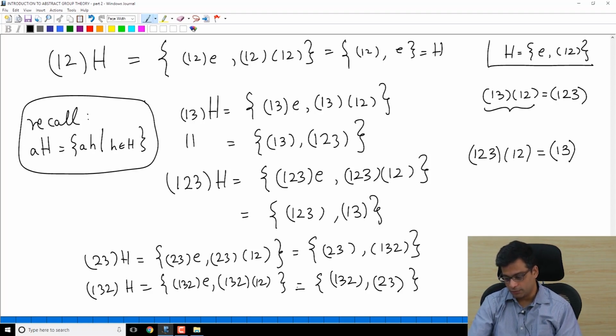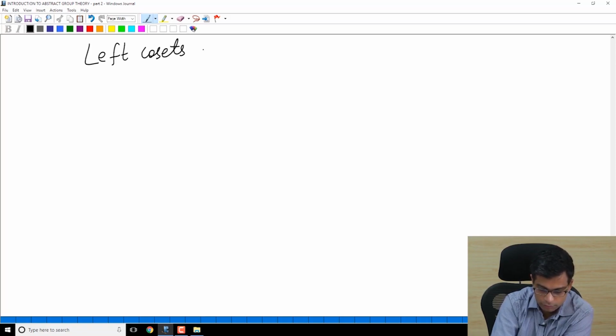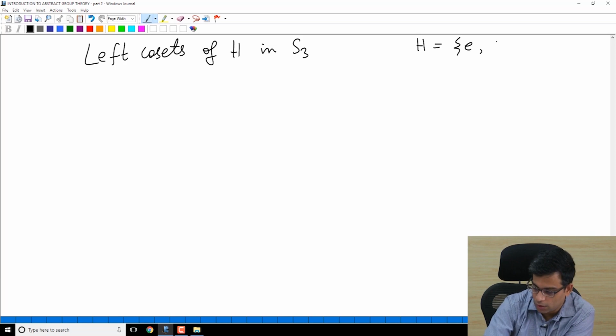So let's now list all the distinct left cosets. Again I am working with the specific example. H is E and (1 2). So this is EH and (1 2)H.